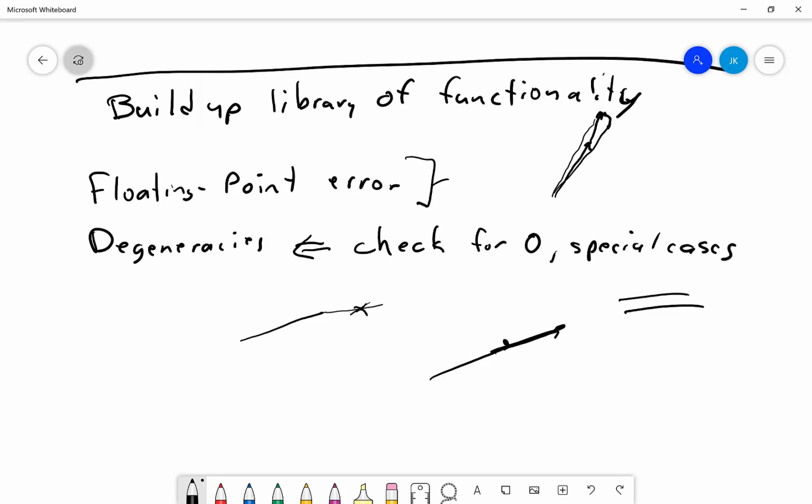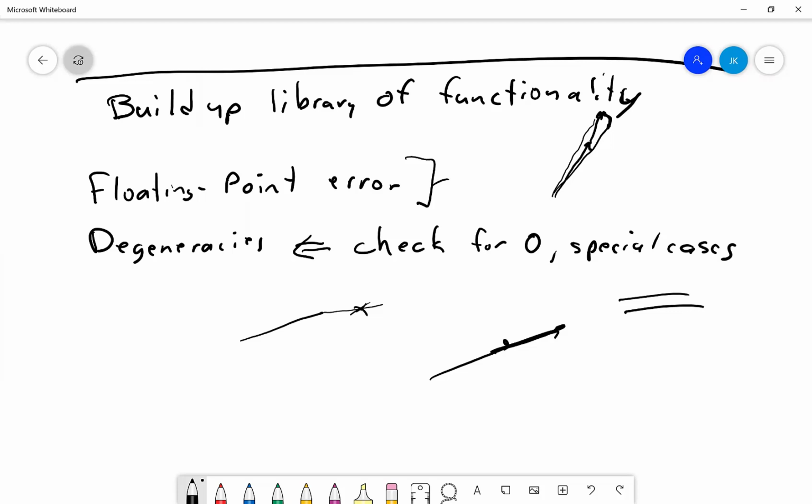So even though there's only a very small amount of error, you're making a decision. Did I turn left or did I turn right? And that can change everything about what you decide. So it can actually give you the completely wrong answer if you make the wrong choice of whether something is left or right. And it can all be due to the floating point numerical round-off error and the way it builds up over time. So I just say that as a caution.